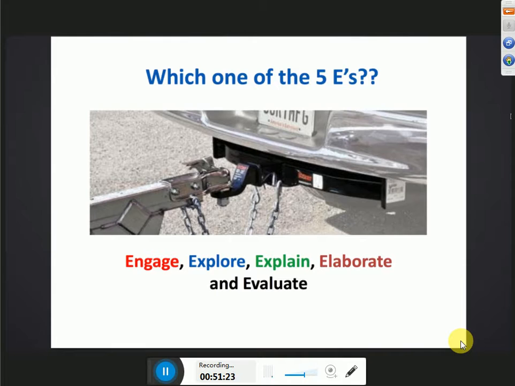In this case, that's a secondary backup safety system. Once this breaks, it takes some time for the trailer to get detached, because now there are chains. It takes some more time for the chains to break.